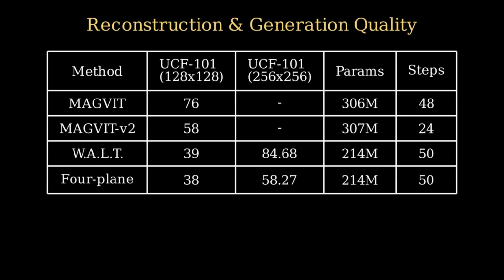By training a state-of-the-art diffusion model on the UCF-101 dataset, we can measure the Fréchet video distance. Remarkably, our four-plane factorization not only maintains fidelity but actually improves the generation quality. It achieves an impressive FVD score of 58.27 on high-resolution videos, outperforming the heavy baseline.